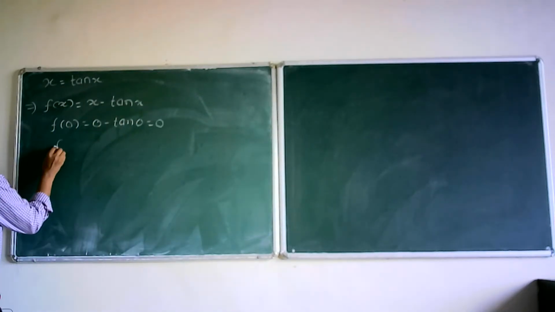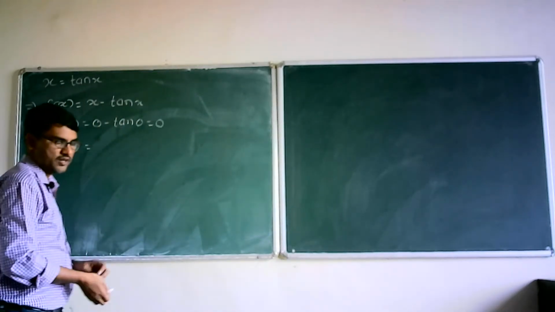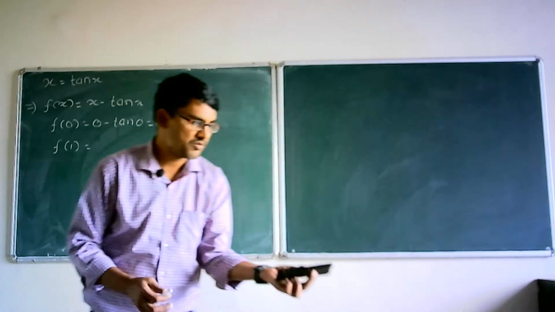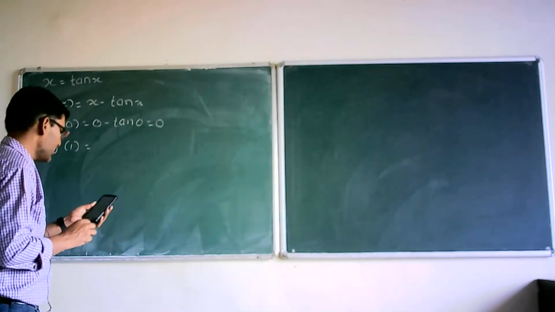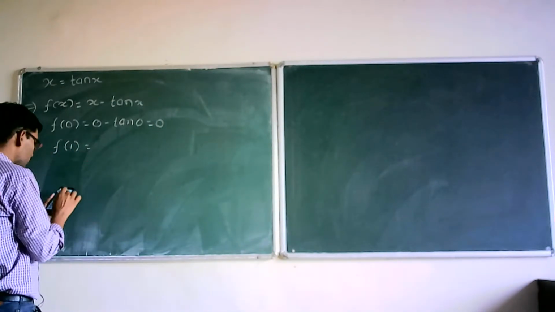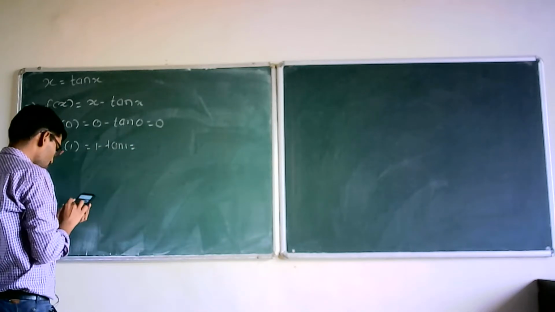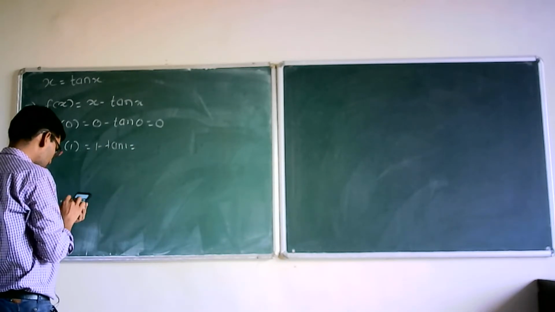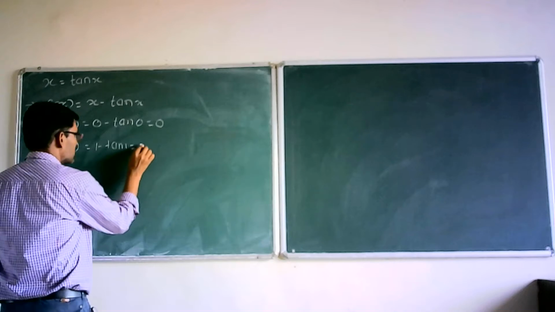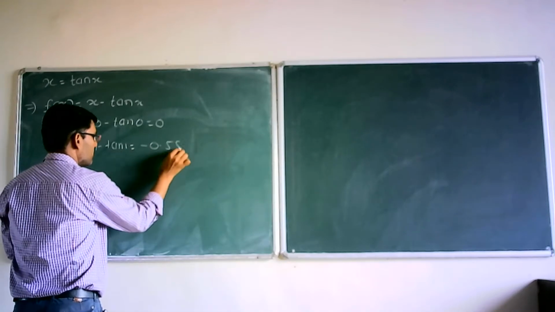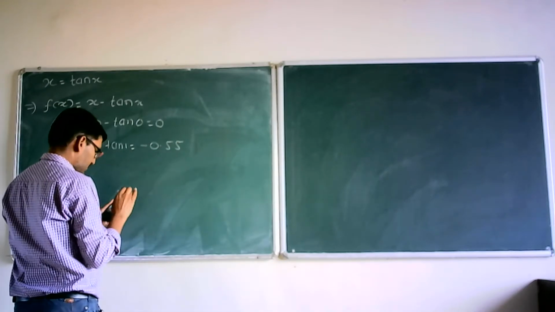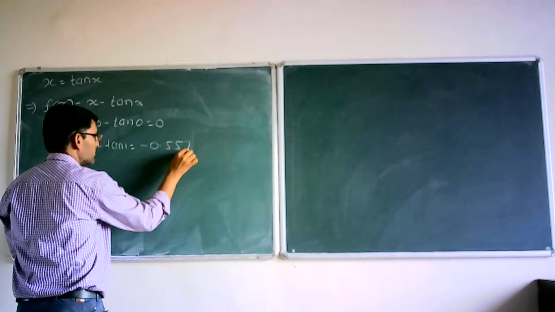So for that, find f of 1. What is f of 1? Use your calculator, but do remember your calculator must be in radian. So 1 minus tan 1 is equal to minus 0.5574.